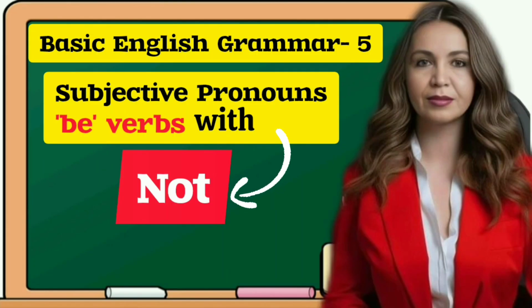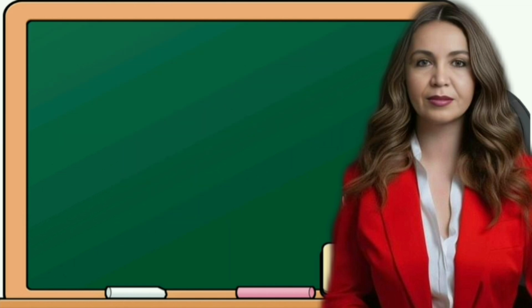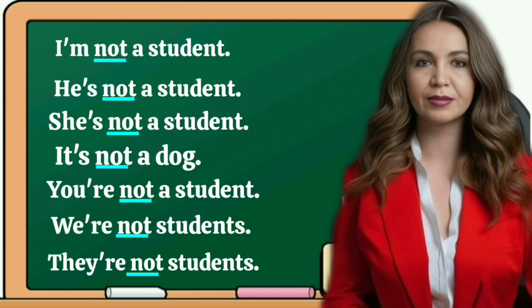Today in this video we are going to talk about subjective pronouns, the be verb, and how to use them with the word not. Let us look at the sentence. The first sentence says, I'm not a student. Not means no, negative. When I say I'm a student, it means yes, I am a student.